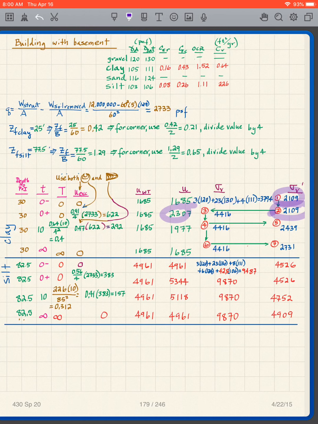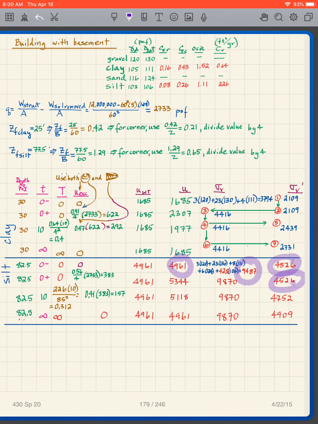And then to get my sigma v primes, I simply take my sigma v minus u, gives me my sigma v primes. So I get all my sigma v primes. I do the same thing here. I take that minus that, gives me that. These two are the same, the 4526.